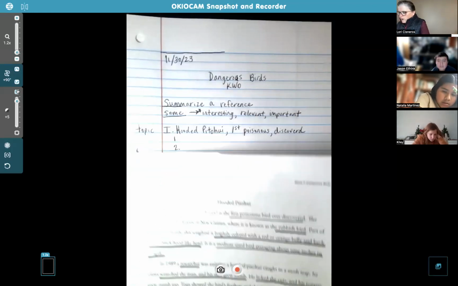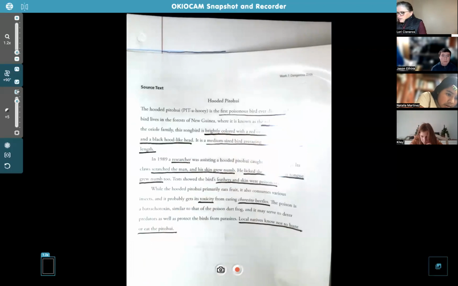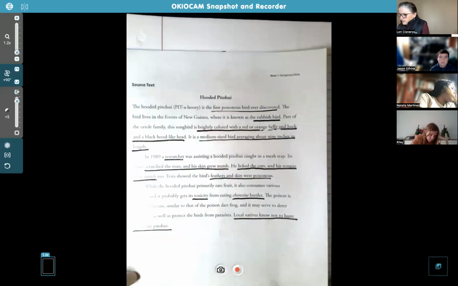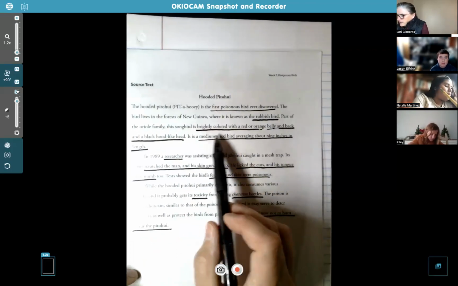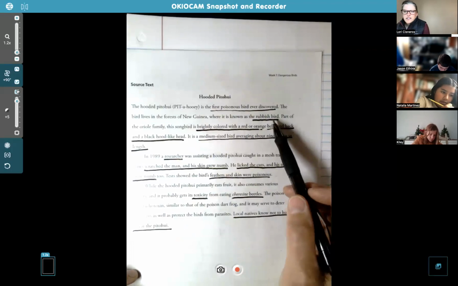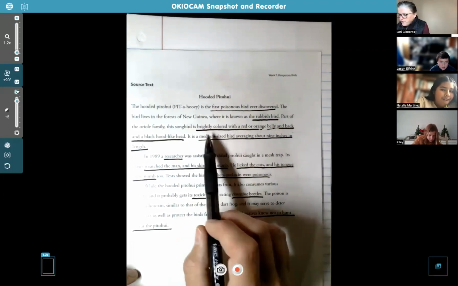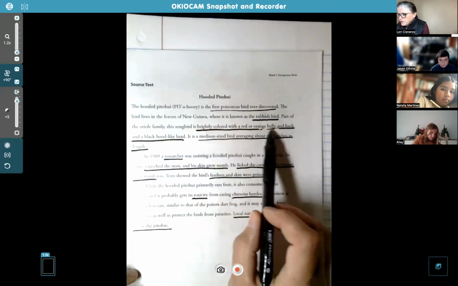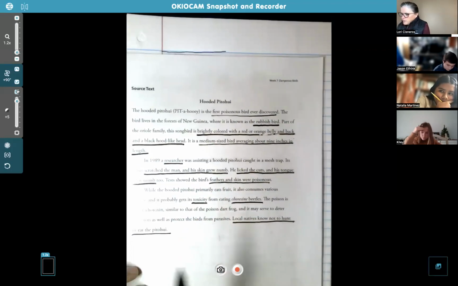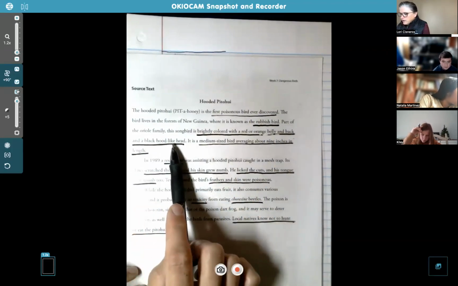Now, looking back on what we underlined, we also underlined rubbish bird, and we underlined the color of his body. I think I might skip rubbish bird. I might add that later when I go to write my paragraph. But for now, I'm going to skip down here to the color. So it says brightly colored with red or orange belly and back and black hood-like head.